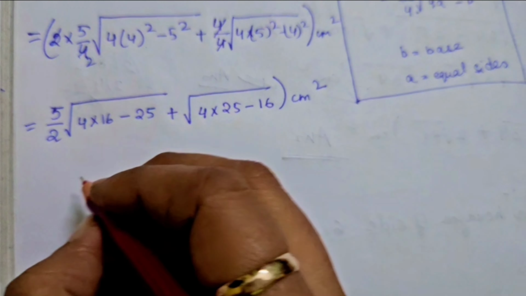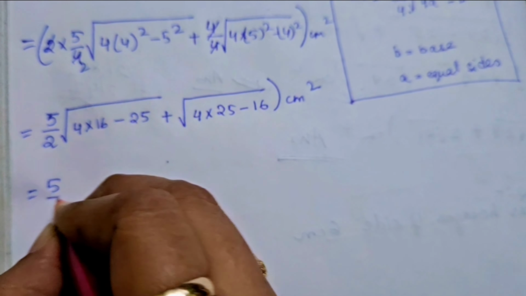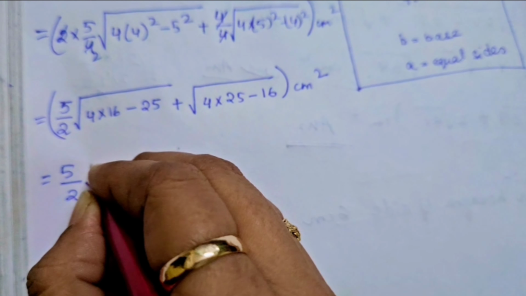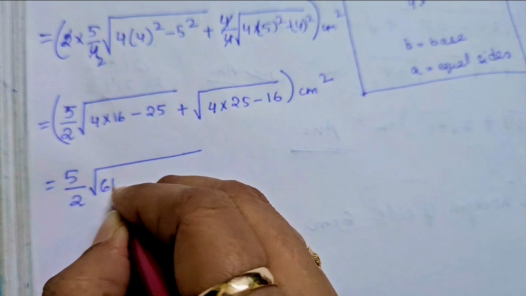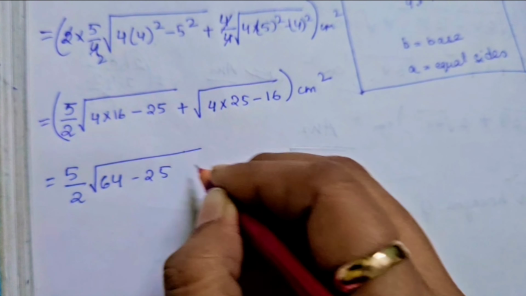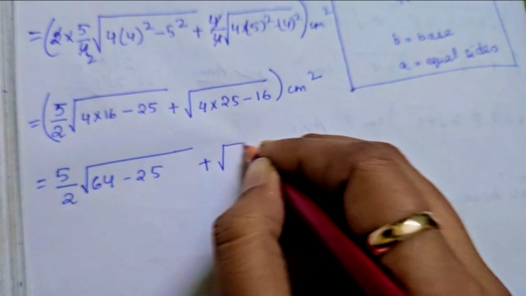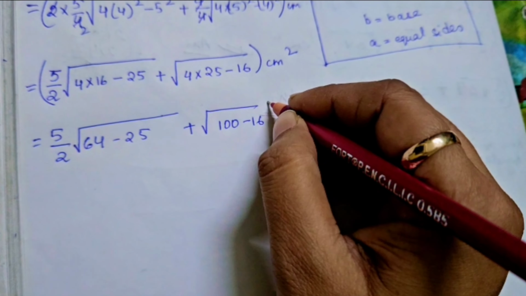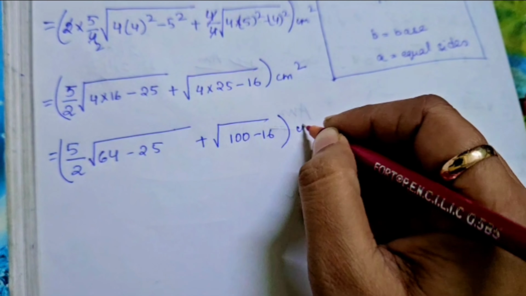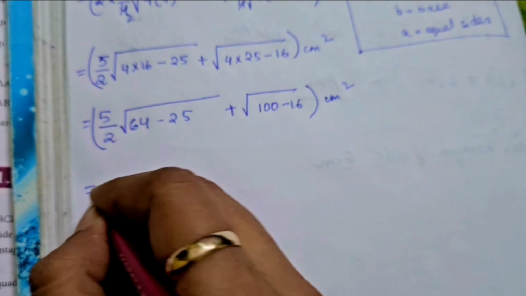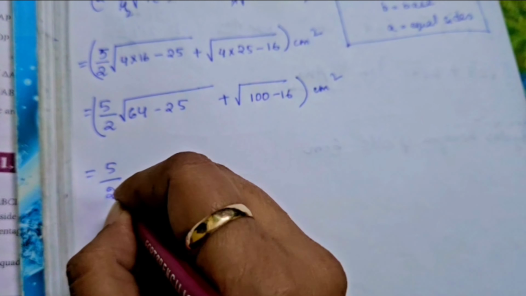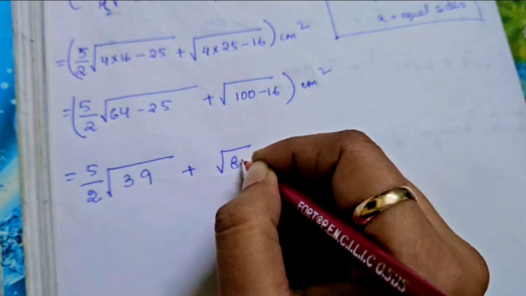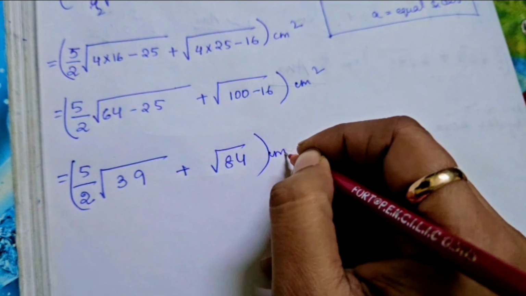Done. The next part, again 5 by 2, root of 16 4s are 64 minus 25, plus root of 100 minus 16, centimeter square. Next is 5 by 2 root of 39 plus root of 84 centimeter square.